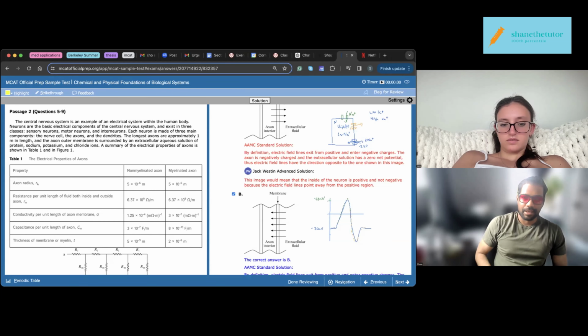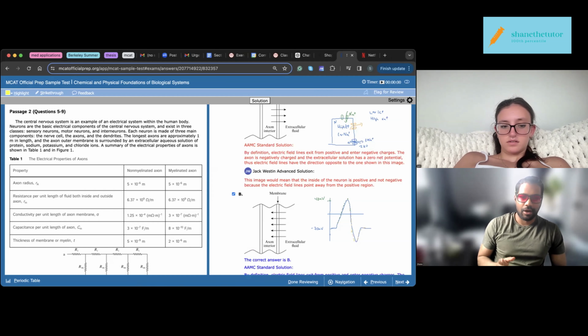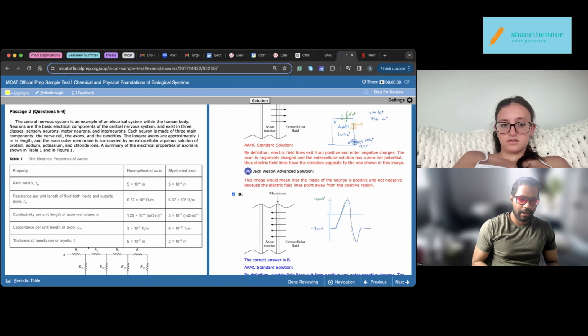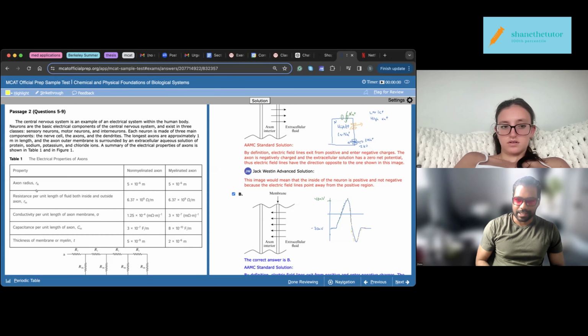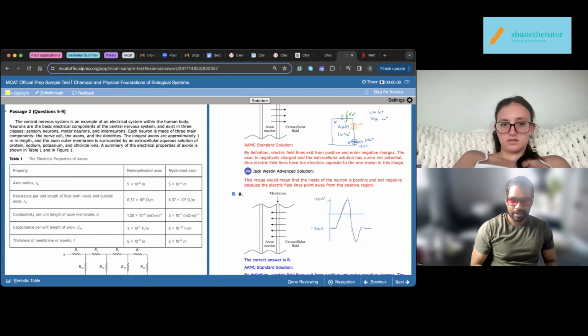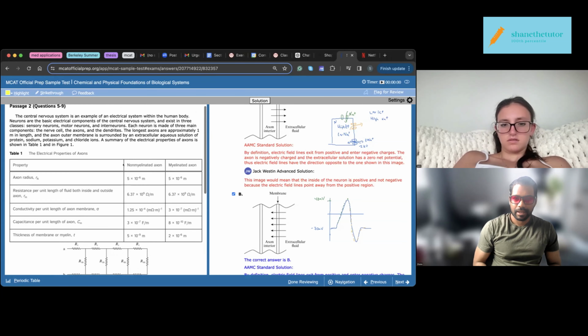So with that knowledge, we can see that the outside of the neuron is where there's a net positive charge, because the inside of the neuron is going to have a net negative charge, right?